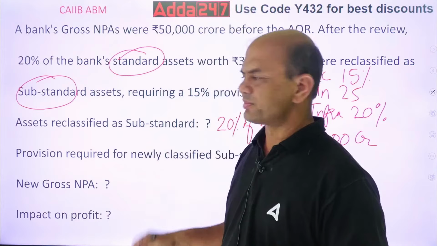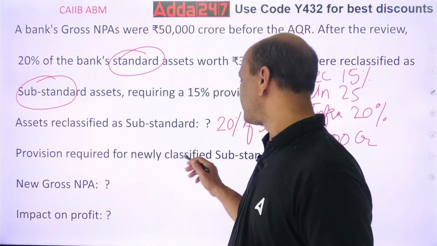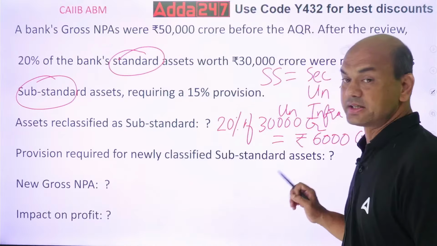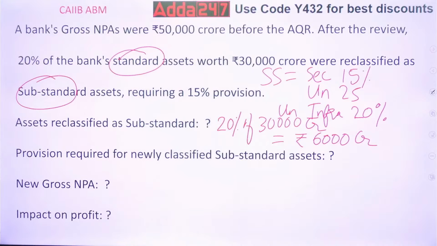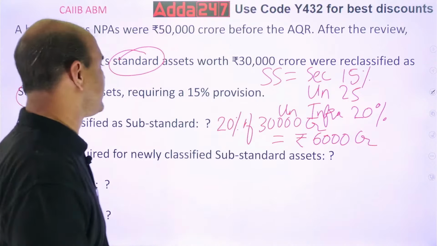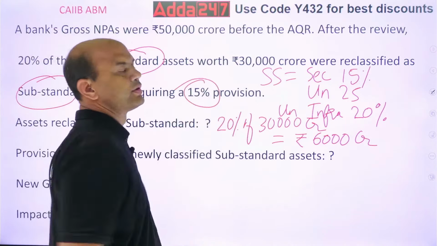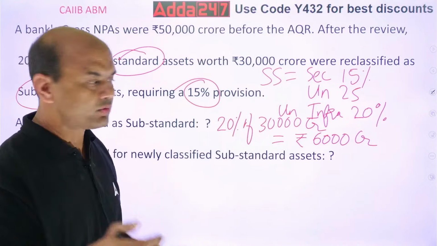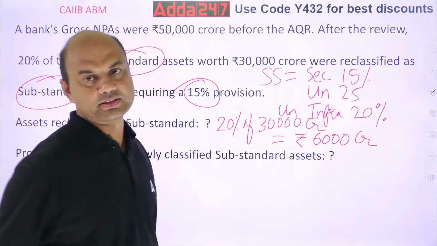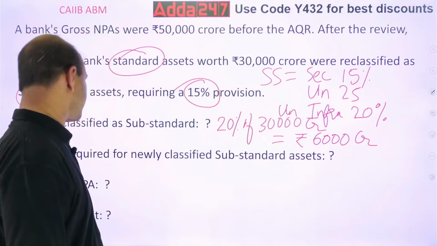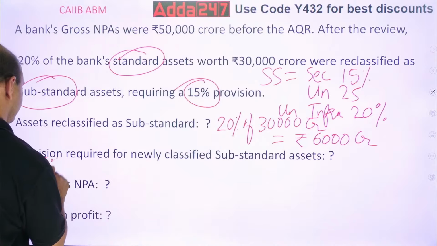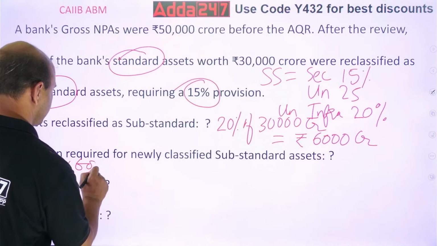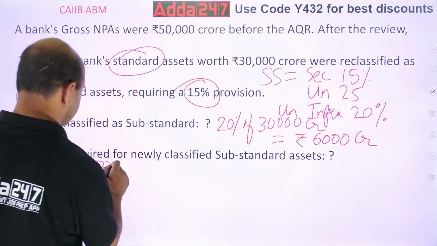That's simple. Next, provision required for newly classified substandard asset. What is the provision required? It is already given that 15% provision will be required. So now 15% into these new substandard assets, 6,000 crores.